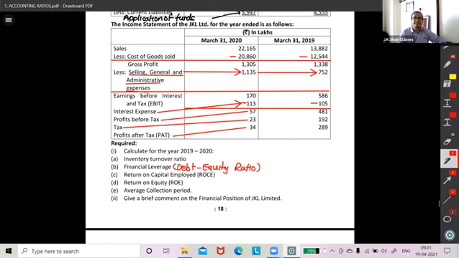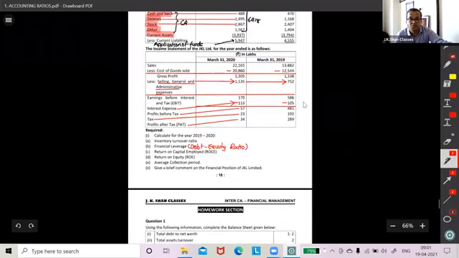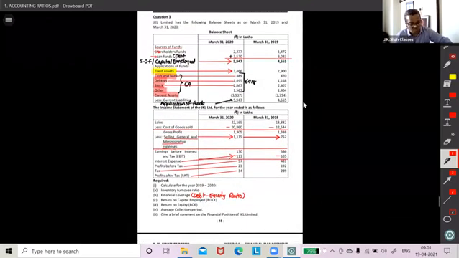Okay, so I hope you do the correct alignment. It means you solve with the correct alignment.